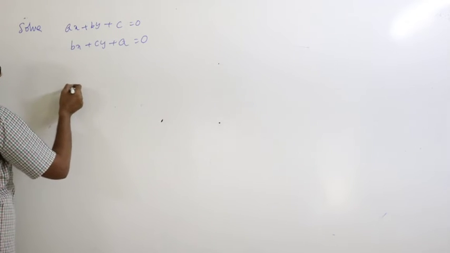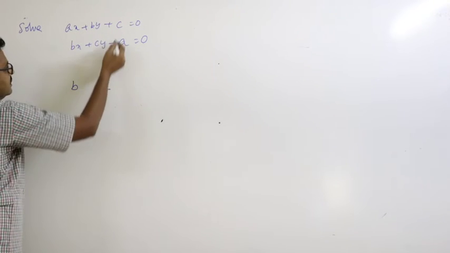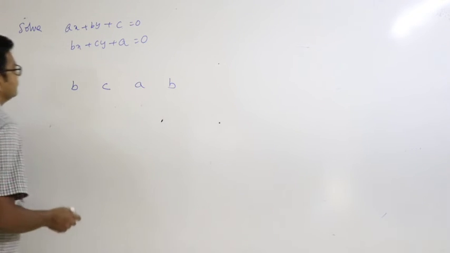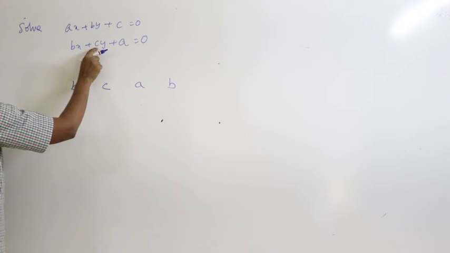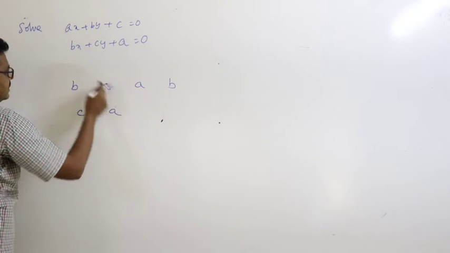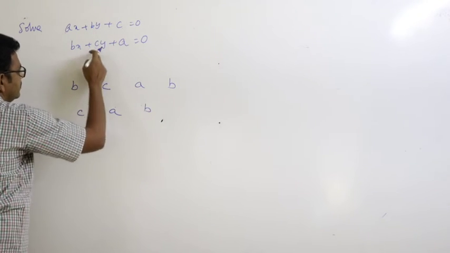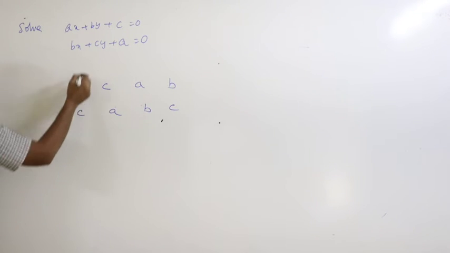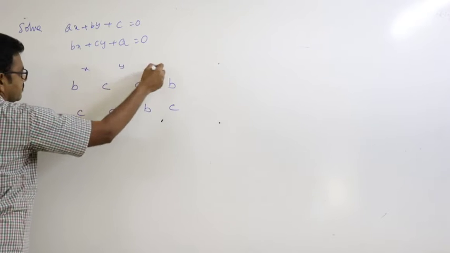First write the coefficient of y, b, c, a, b, a, b. And this one, y coefficient is c, constant is a, x coefficient is b, y coefficient is c. So this is x, y, 1.